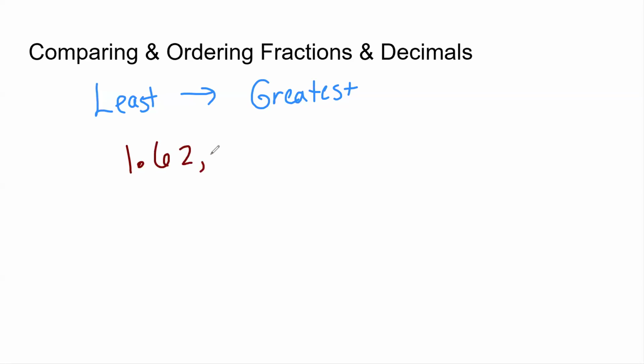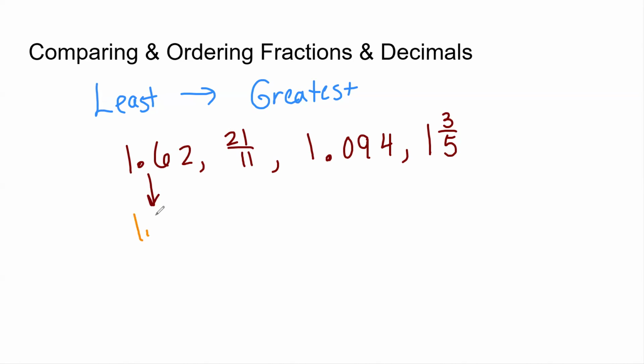1.62, 21 over 11, 1.094, and 1 3/5. So again, I would go all decimals. This first one's already a decimal, so we're just going to leave it. And so is the third one, 1.094.